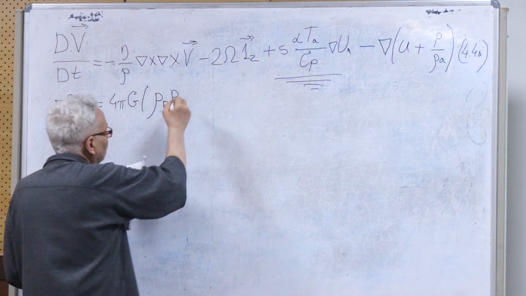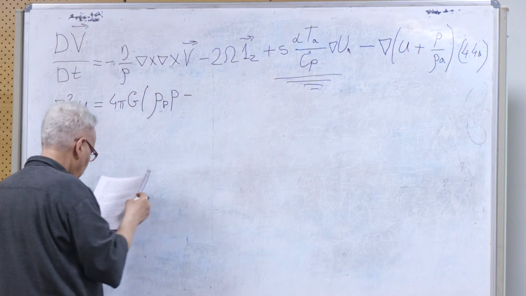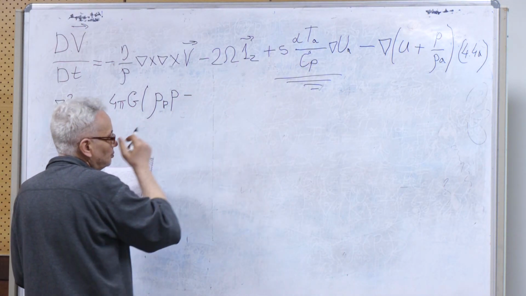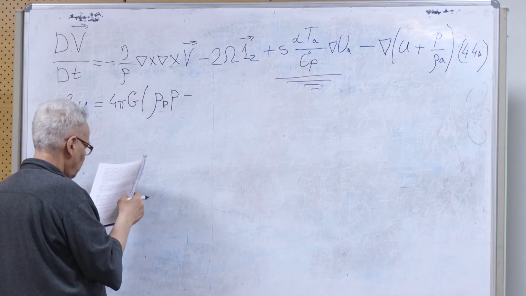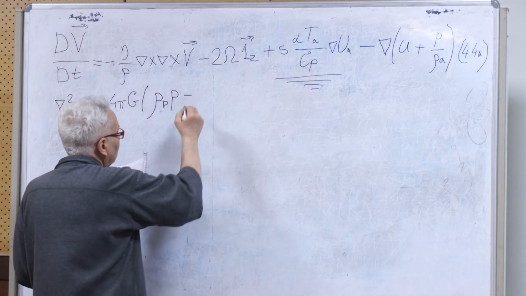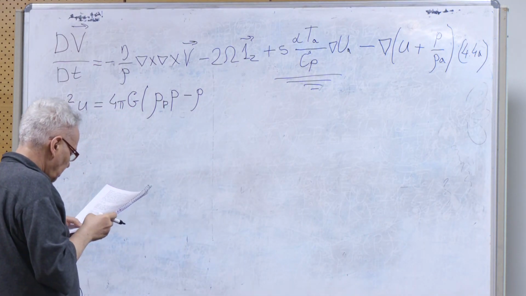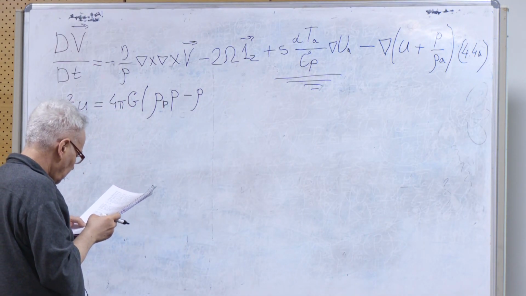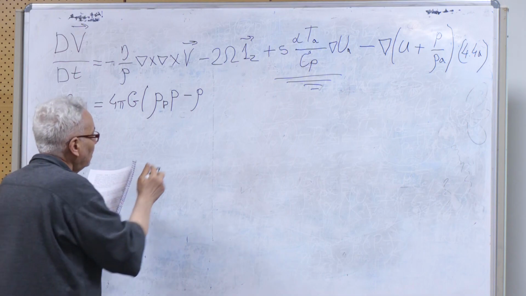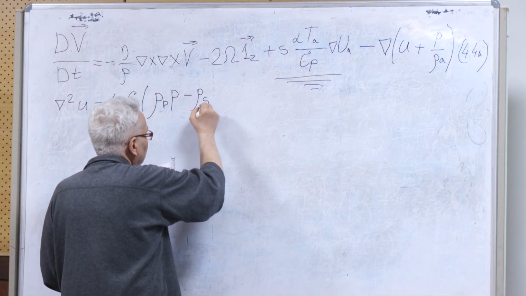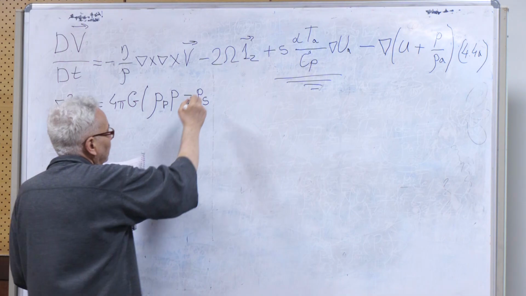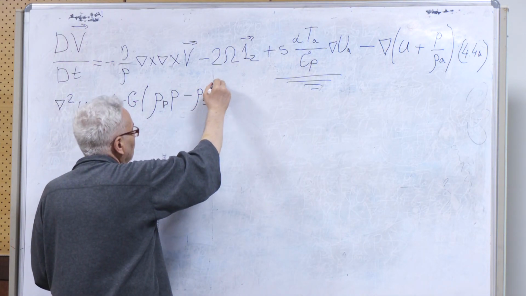And then in a similar way, but with a minus sign, just because the thermodynamic variables are fitted in this way, we have the derivative of the adiabatic density under the condition that the entropy is constant, and here we multiply by small s.